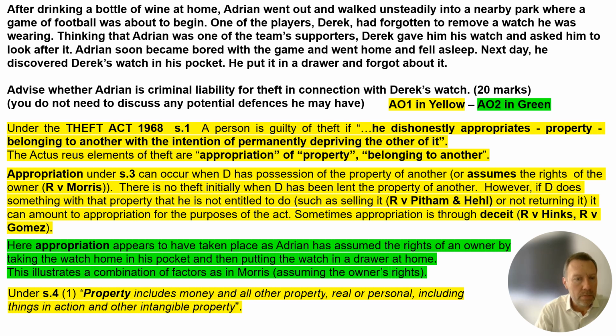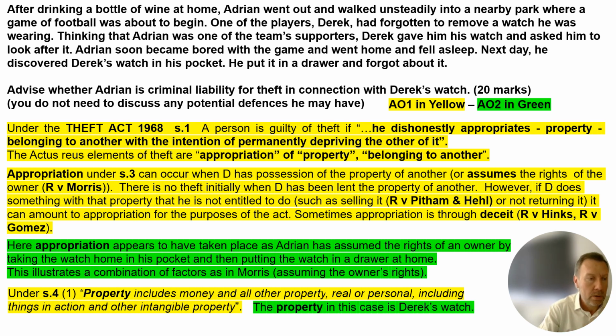And you can briefly say that in most theft problem questions, what they steal is physical or intangible property, and there's no problem. It's not anything weird like plants and flowers and wild animals and all that, which you may have seen some case law on. In which case I would keep it really simple and just say, yes, of course, there is property in this case, and it's whatever you've got in the scenario. And on this occasion, it's Derek's watch. I wouldn't really do any more than that on this occasion.